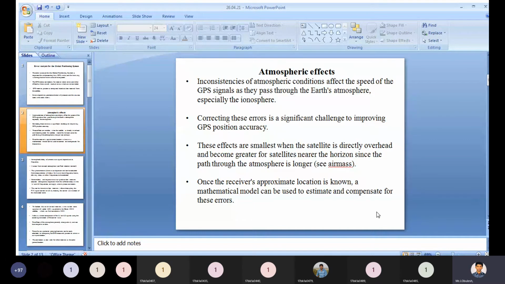So all these errors will be there. The tropospheric and ionospheric errors come from the atmospheric effect only. But the remaining errors we have in the syllabus are propagation error, selective availability error and GPS errors.